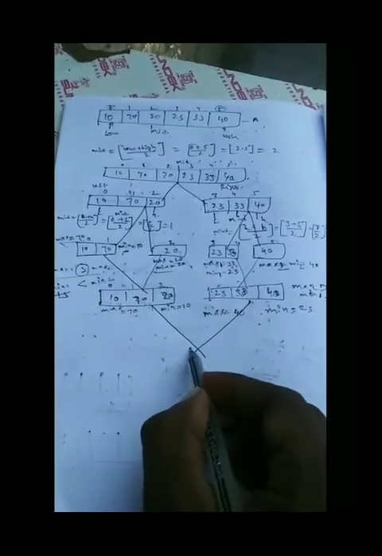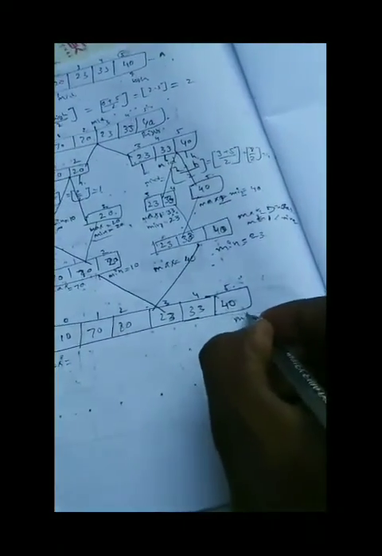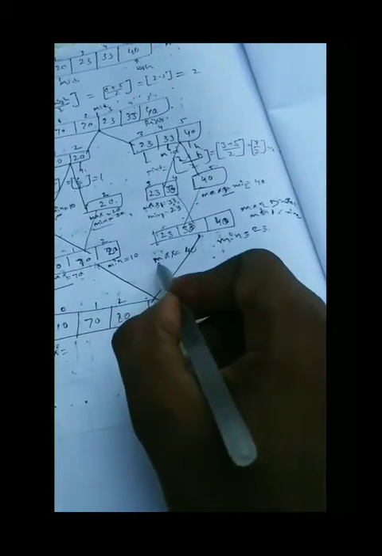To obtain the final list, we combine these two sublists. The values are 23 and 40, with index positions the same. Now the maximum and minimum. Here the maximum value is 70, and max 2 from the other list is 40.